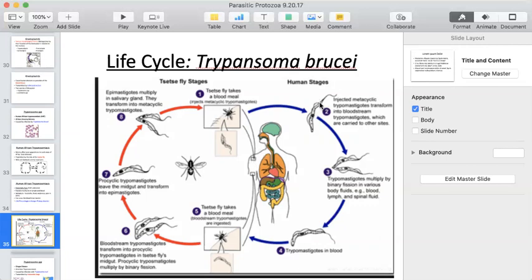And it goes through various stages of development and replication in the human. And when the tsetse fly again takes a blood meal, it's also going to take back up some of the organism, and this cycle of infection will continue.